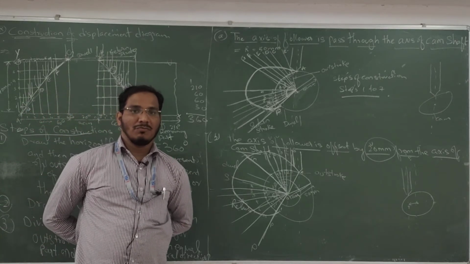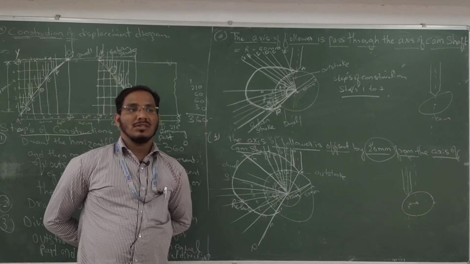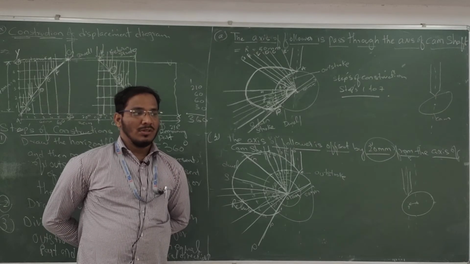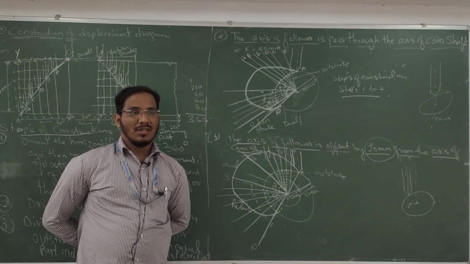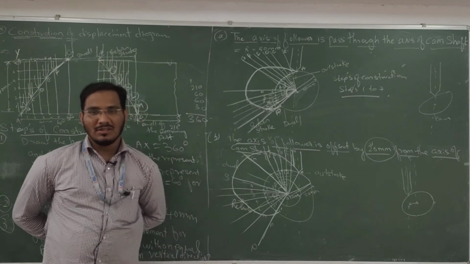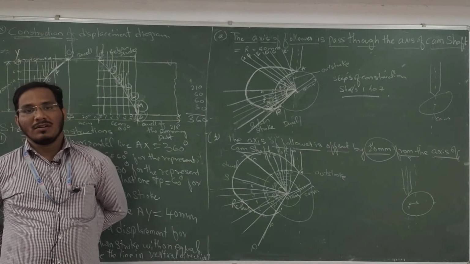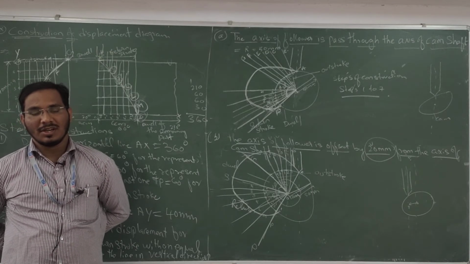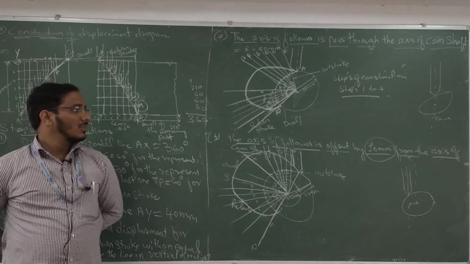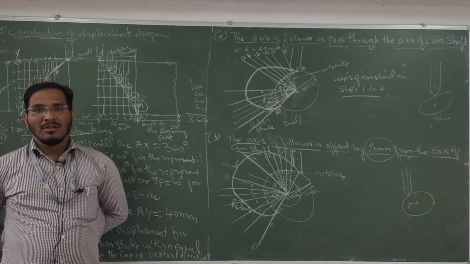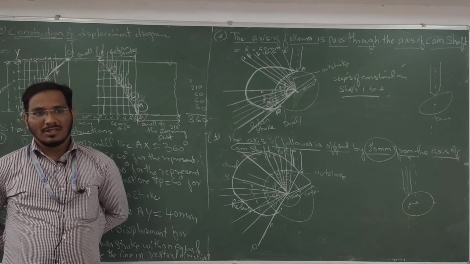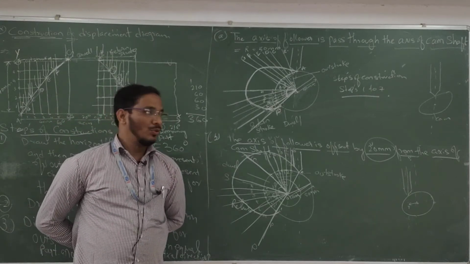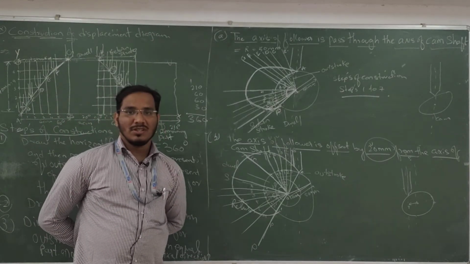Which one is effective for us to produce and introduce in the automobile sector? Already it is done, but which one has the better advantage? For example, in the engine cylinder head we use this cam profile to operate the valves. In the first class I already told you. So which one is best for that?